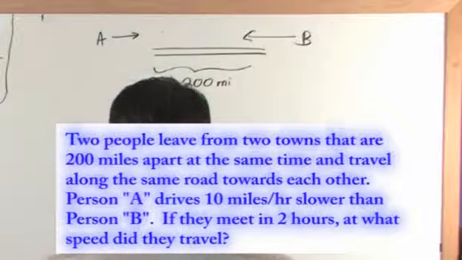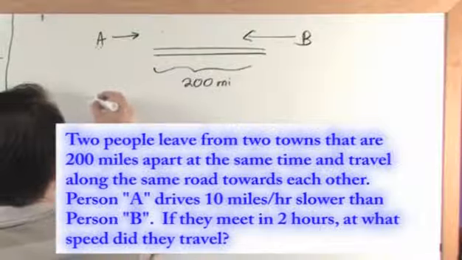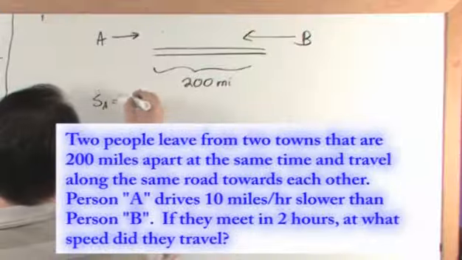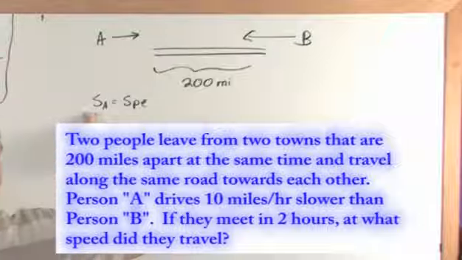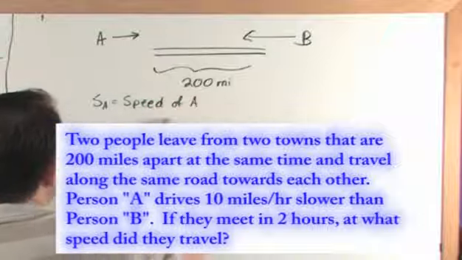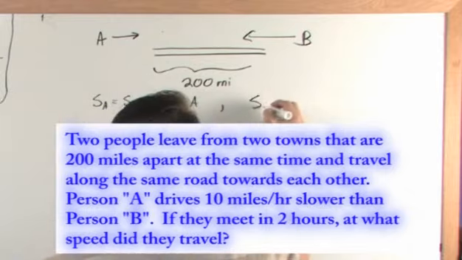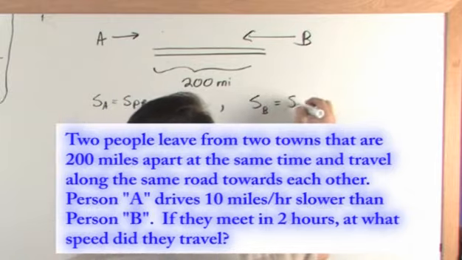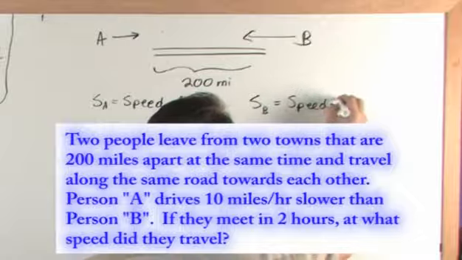So my variables are going to be S sub A, which just means speed of person A, and S sub B is the speed of B.